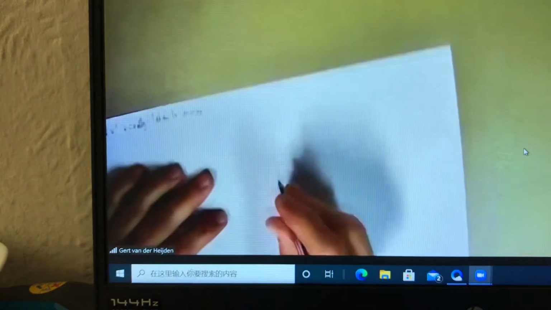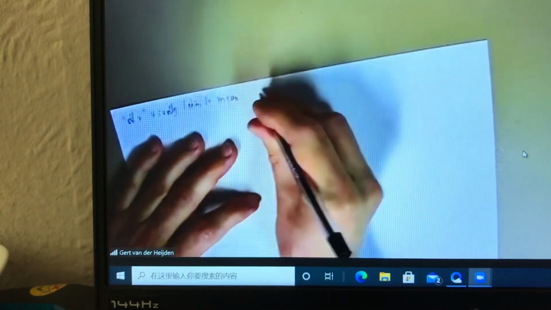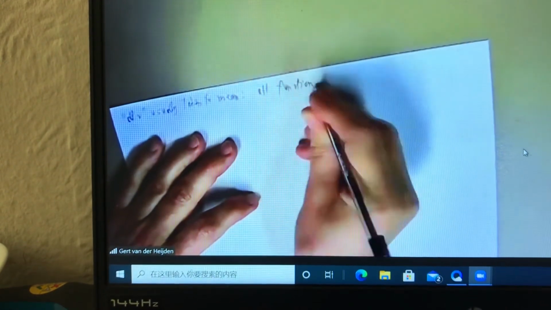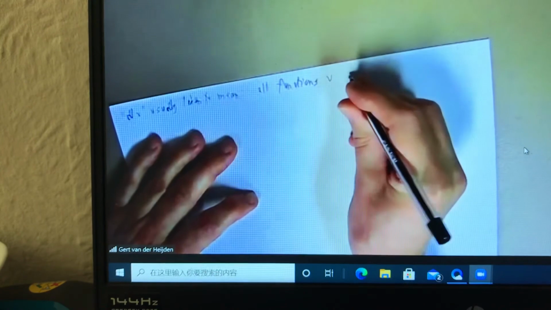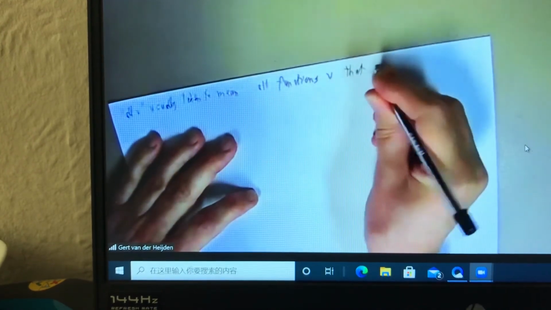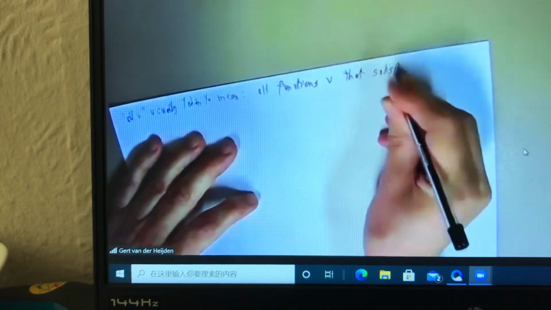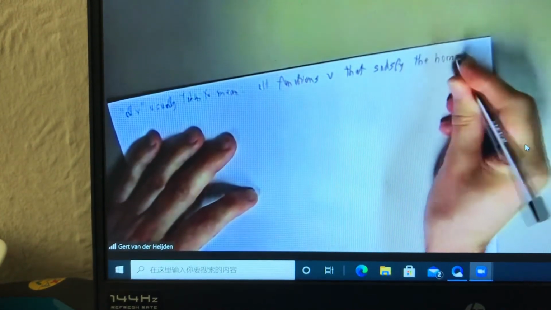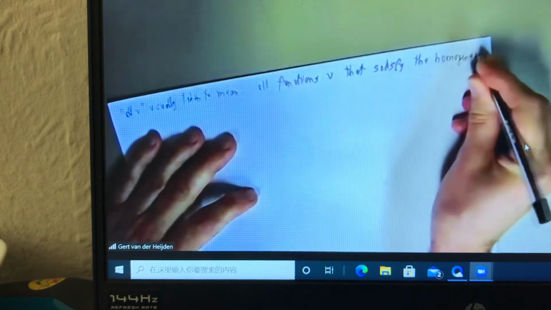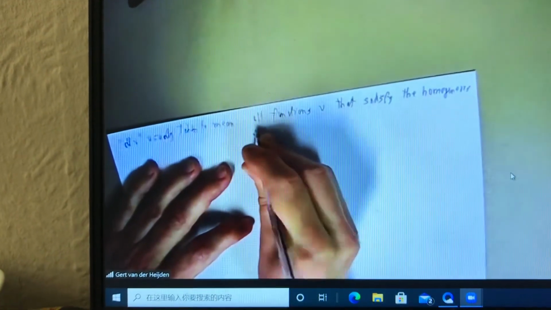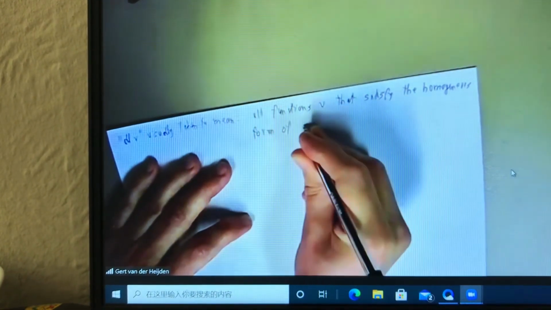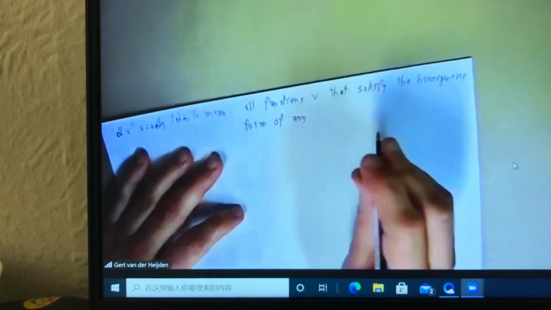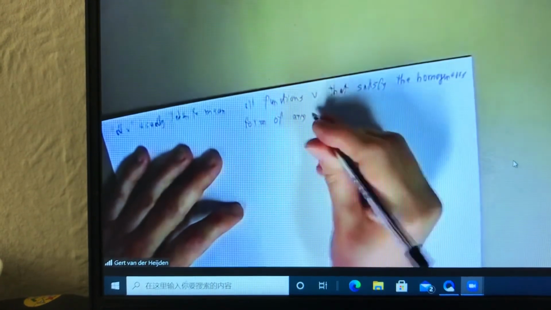I'll write this down because it's a technical point. All functions v that satisfy the homogeneous form of any Dirichlet boundary condition. Dirichlet boundary condition means the boundary conditions are imposed on u directly, not derivative boundary conditions.